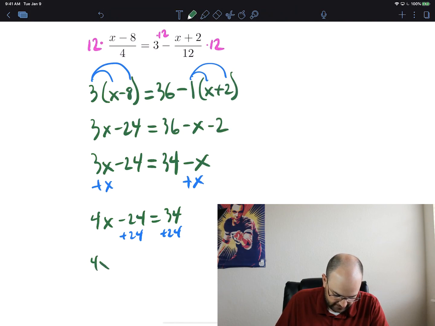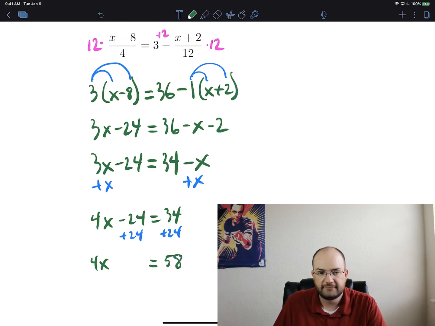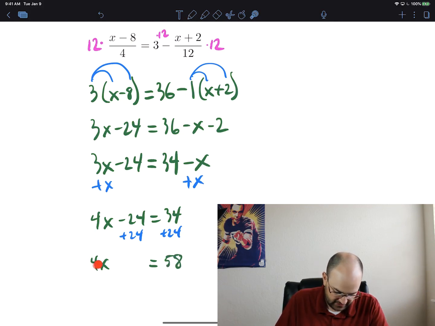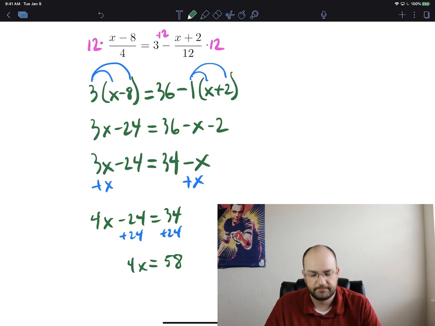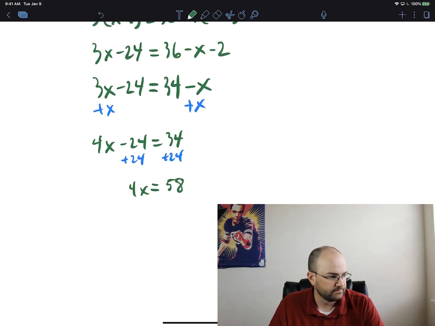So on the left-hand side, you have 4x, and then negative 24 plus 24 is 0, so it's an equal sign. And then on the right-hand side, we have 34 plus 24, which is 58. Now, technically, I shouldn't really write the 4x all the way over there. I should write it right there. Excellent. So we have 4x equals 58.